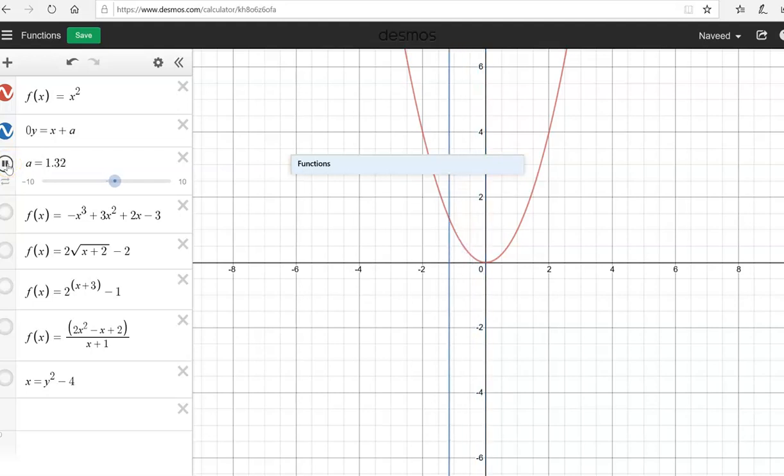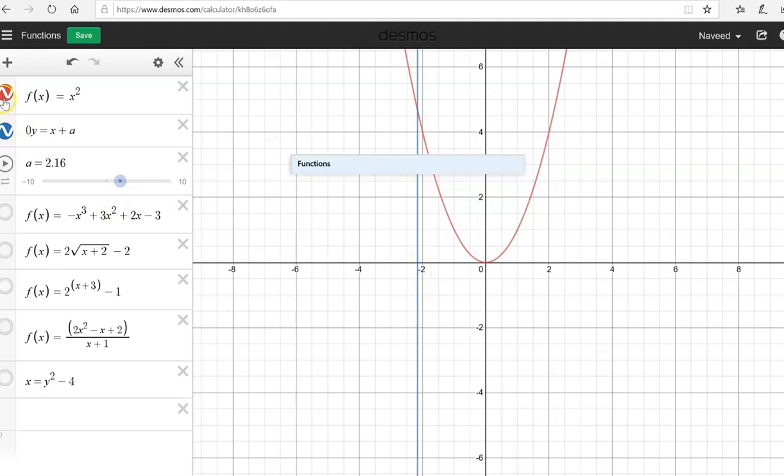It goes left and right, and at any given point I stop it, you notice that for every value of x, you're going to have one value of y. Simple as that. One x will give you one unique y. If one x gives you two different y values, that's not a function.